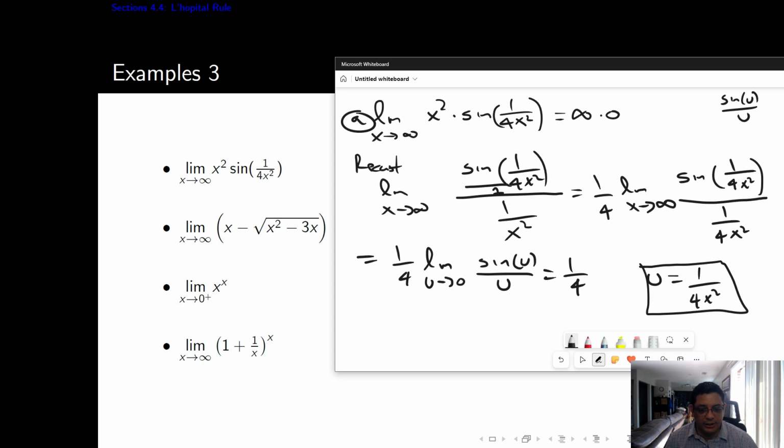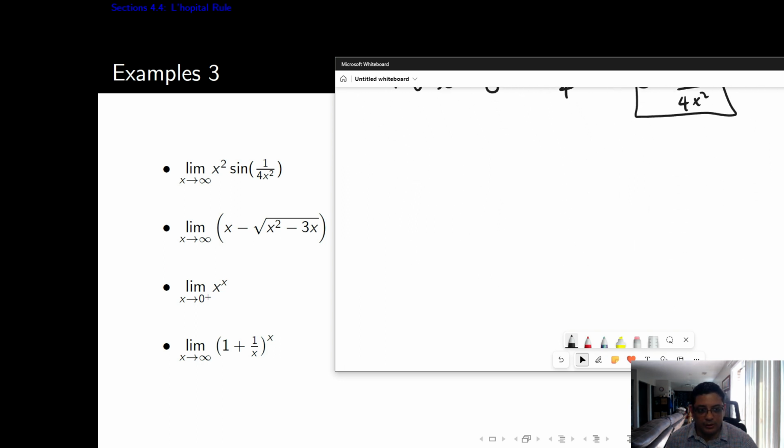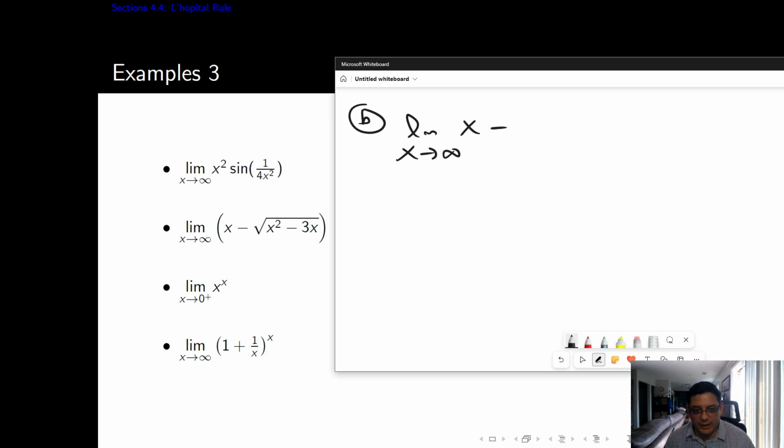Now another indeterminate form that shows up is in this case where we have a subtraction: the limit when x goes to infinity of x minus the square root of x squared minus 3x. Notice that this is like infinity minus infinity, so it's very difficult to manage.